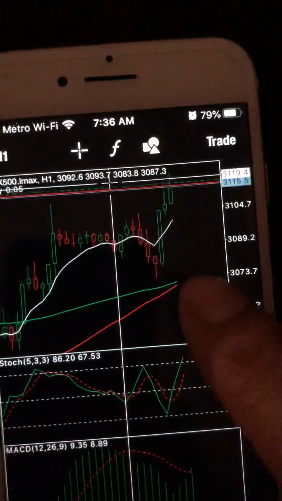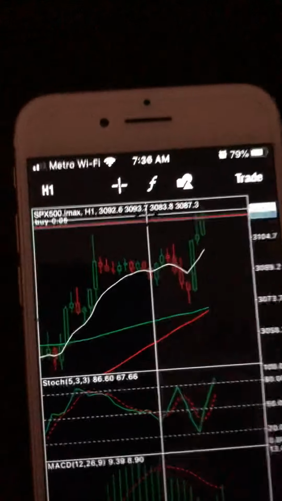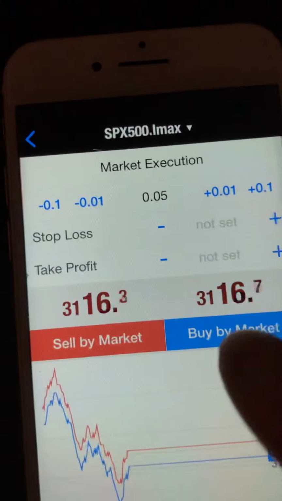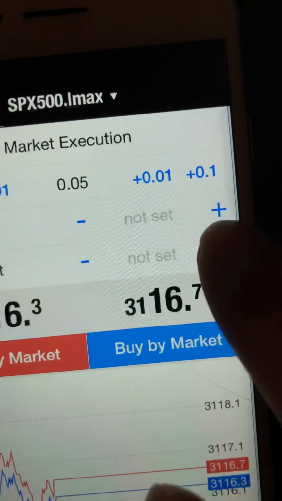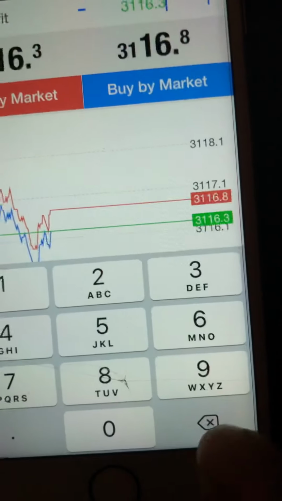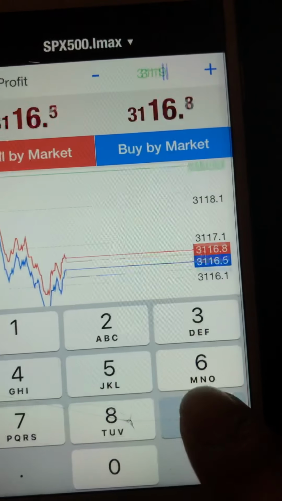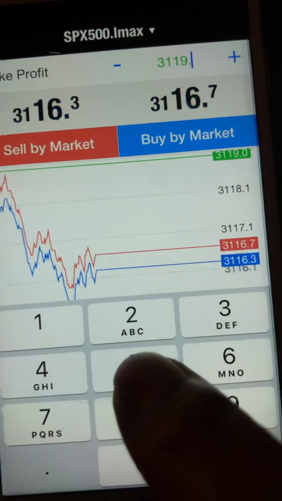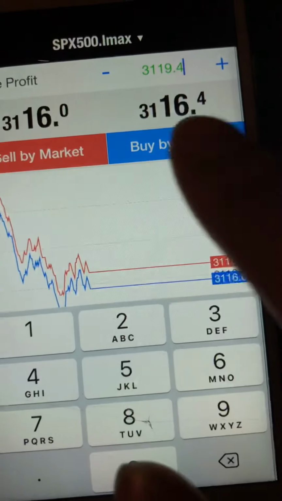Right there. And the price reached 31.19. I go back to trade. Let's take profit. 31.19.